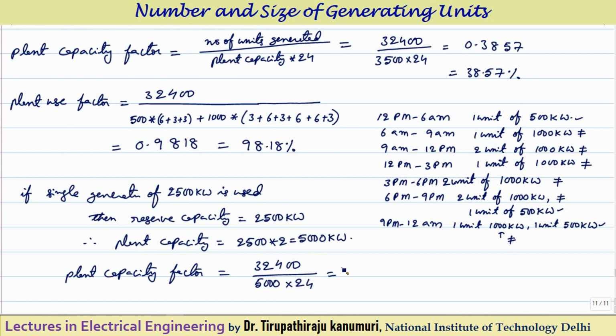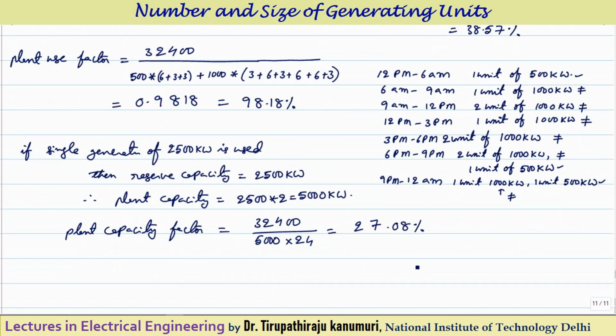So let us calculate the same thing: 32,400 divided by 5000 multiplied by 24. This will come as 27.08%. You can see that it is drastically decreased from 38.57 to 27.08.